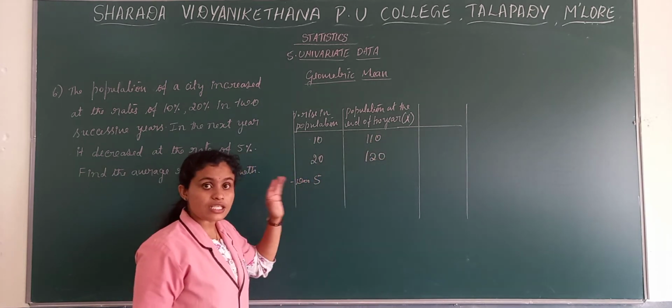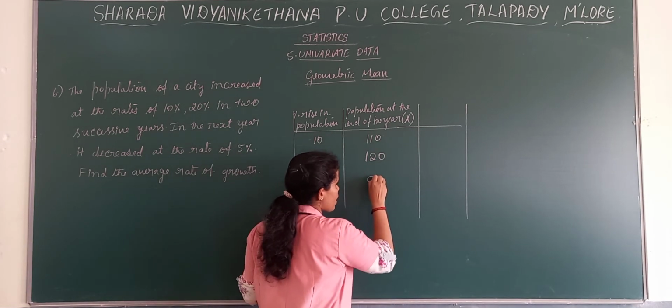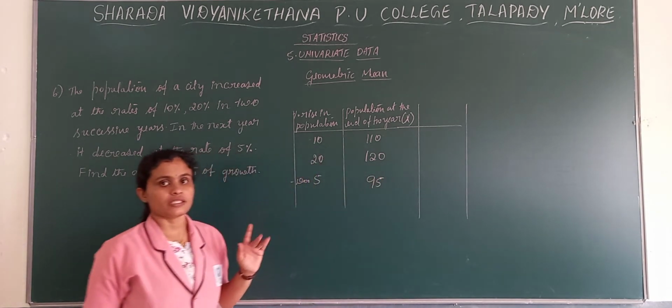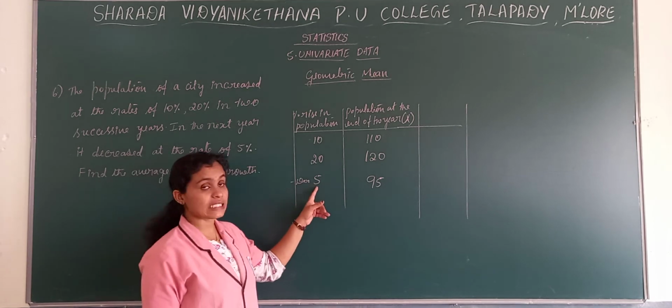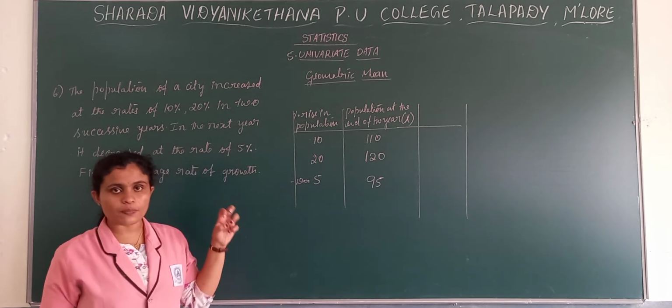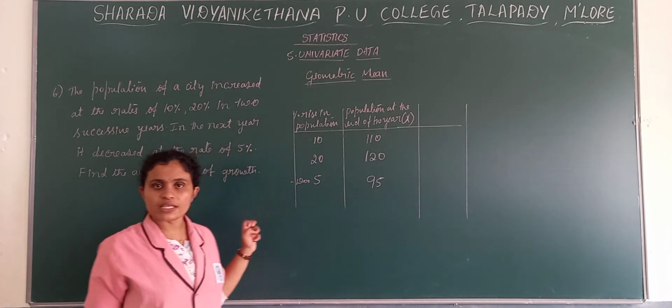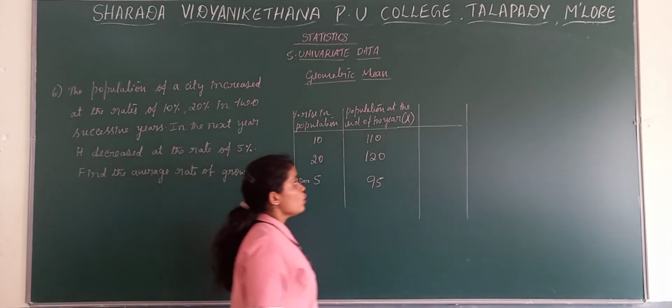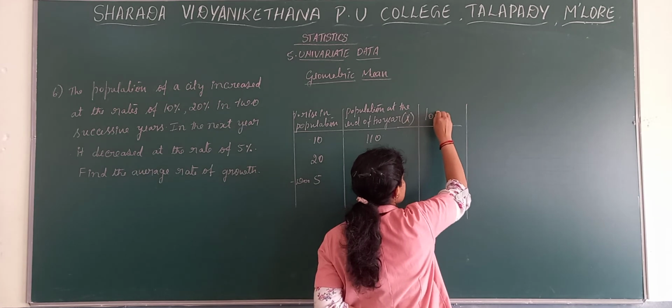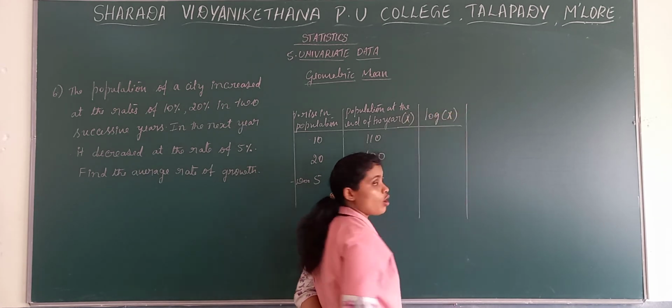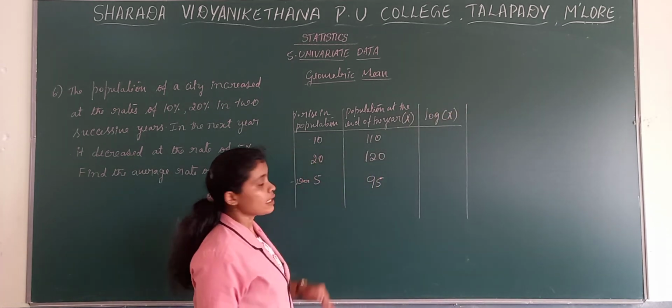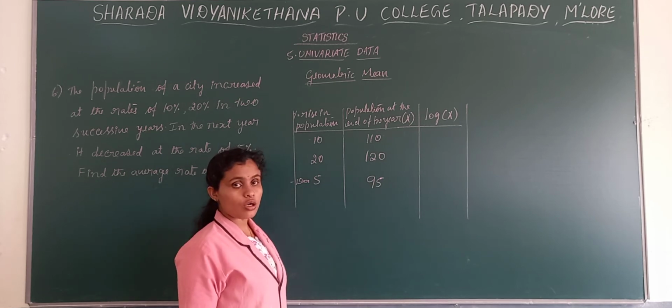Here it is decreased, so deduct 5 from 100, so 95. We take the base as 100, and whatever increased we add, whatever decreased we deduct from that. Now we consider this as x, then find out log of x. N values are 3.